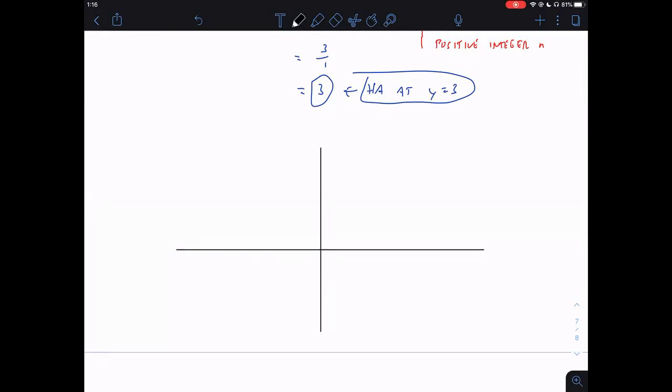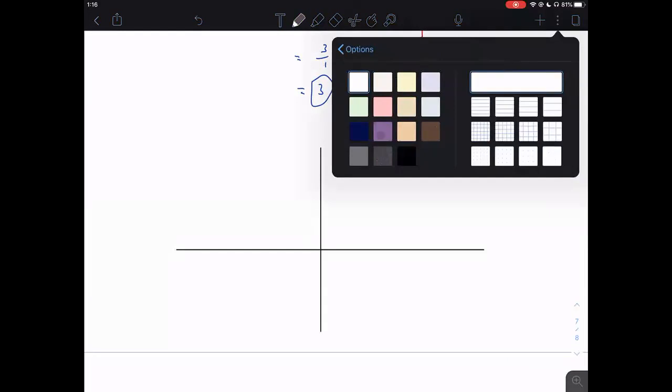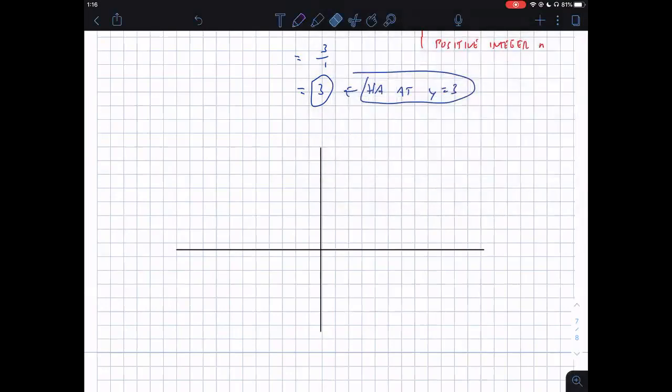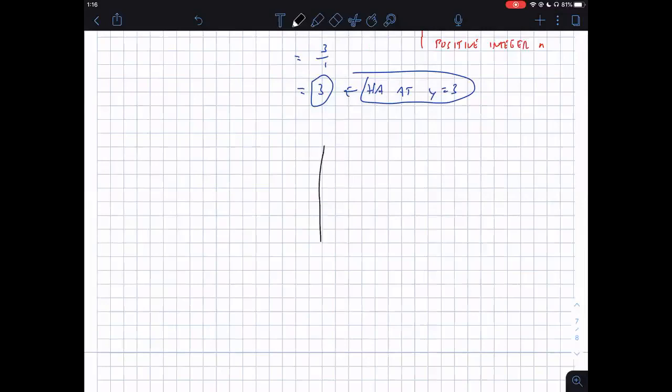So here we had a vertical asymptote at x equals 2. Let me use a lined paper. That's what I should have done in the first place. Let me erase these two lines and draw them again. All right, let's do a real quick rough sketch of our graph here.